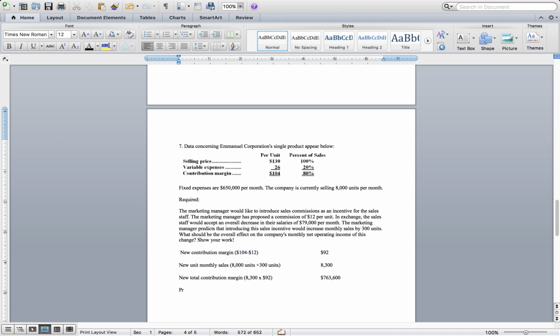Compare it to the present contribution margin, which is 8,000 multiplied by $104. The present will be a little bit different. That'll be 832,000.